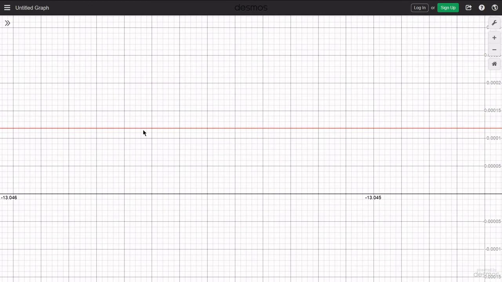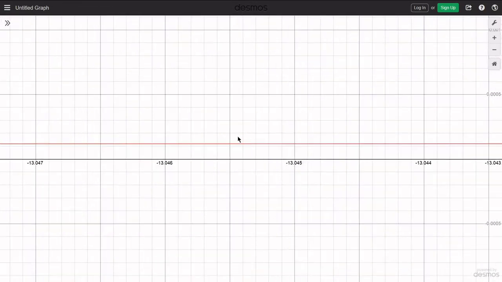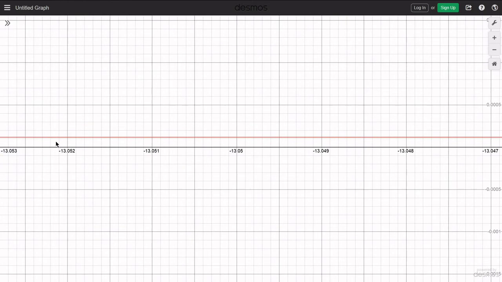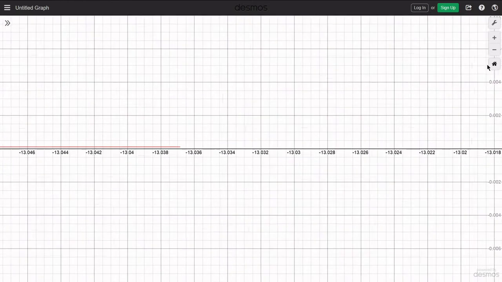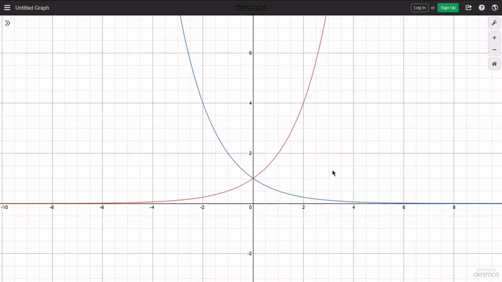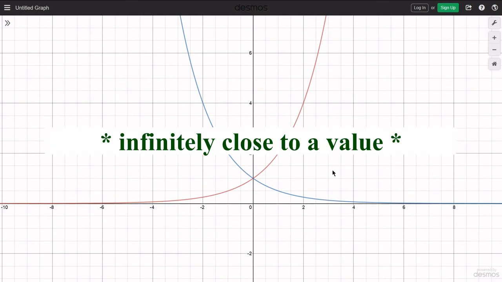It's getting slowly and slowly closer. It will never cross it. It's called an asymptote. An asymptote is one that gets continually closer to some line. It gets infinitely close to it, but it never ever crosses it. That's what this thing has.